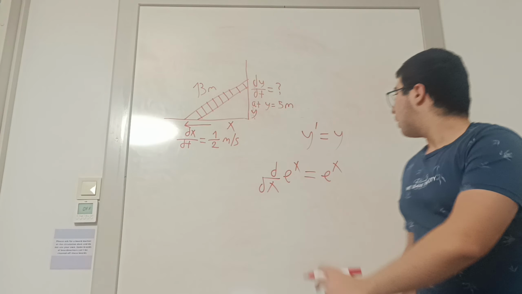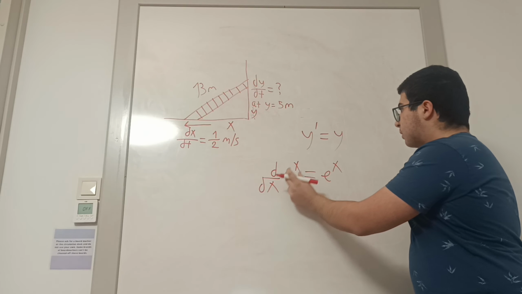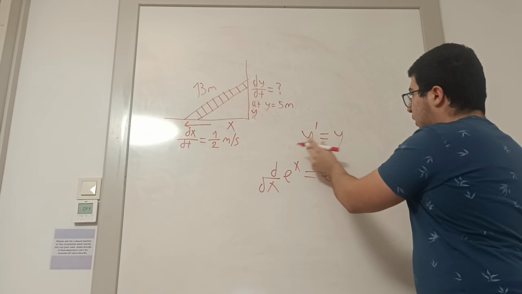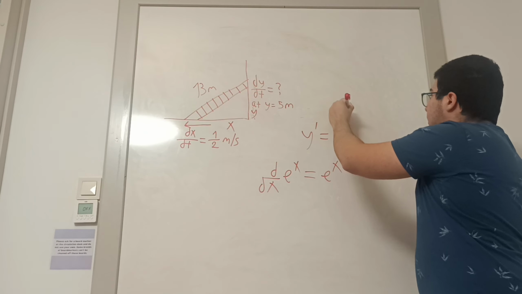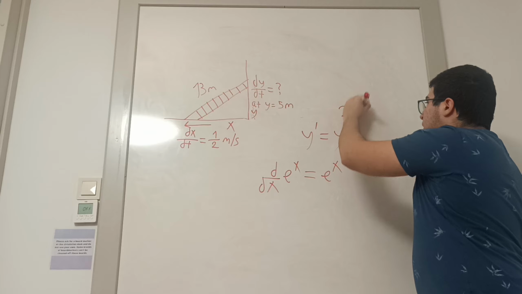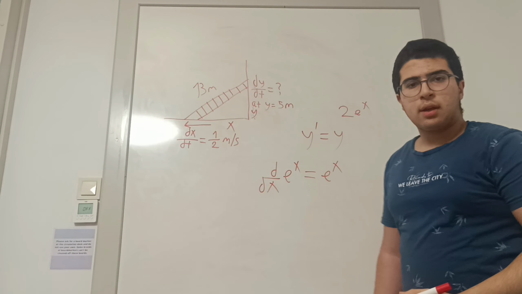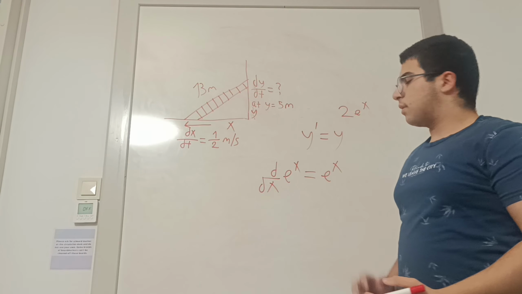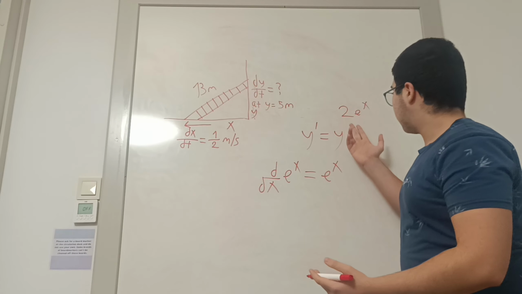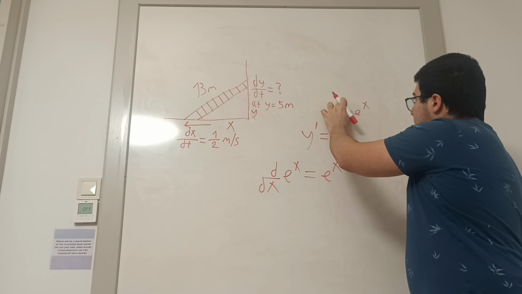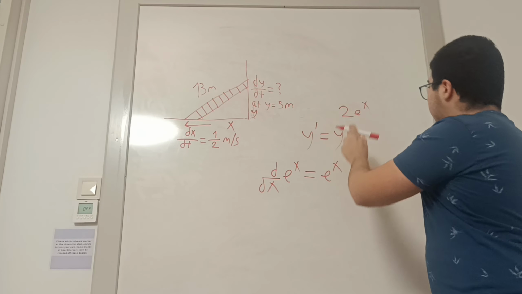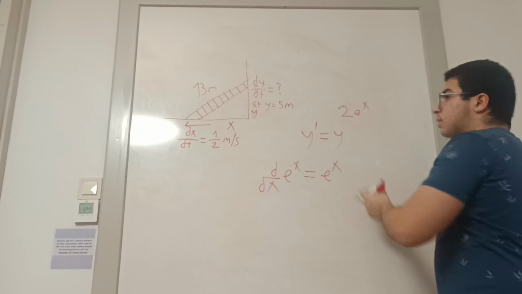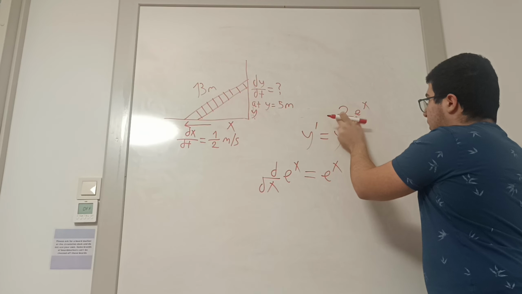No. We have e to the x, and when we plug in, it satisfies the differential equation. Let's say we have 2 e to the x. What is the derivative of 2e to the x? It's still 2e to the x, because the coefficient doesn't have any effect on the differentiation process. We still differentiate e to the x, and it's still e to the x, and we multiply it by the coefficient.